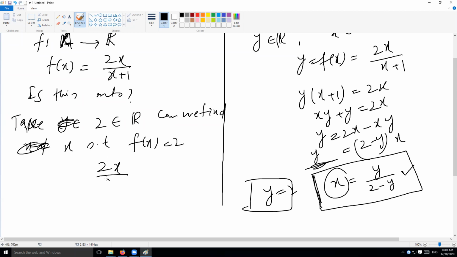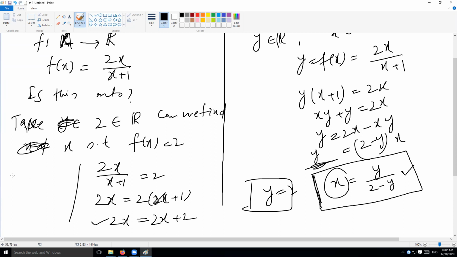In other words, 2x over x plus 1 is equal to 2. So you get 2x equals 2 times (x plus 1), so 2x equals 2x plus 2. And is there an x for which this is true? The answer is there is no such x, right?